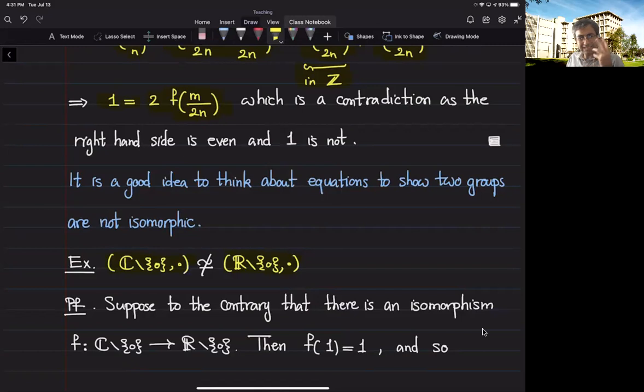Okay, but what is -1? Can I detect -1 in terms of multiplication? -1 is a number whose square is 1. So I'm essentially thinking about a solution for x to the power 4 equals 1. The equation x to the 4 equals 1 has 4 solutions here, but it has only 2 solutions here. So that might help us to show that these groups are not isomorphic.